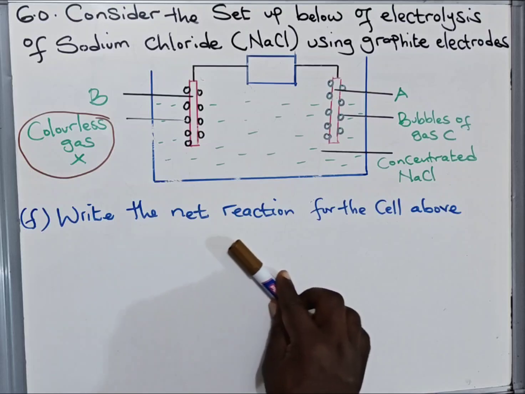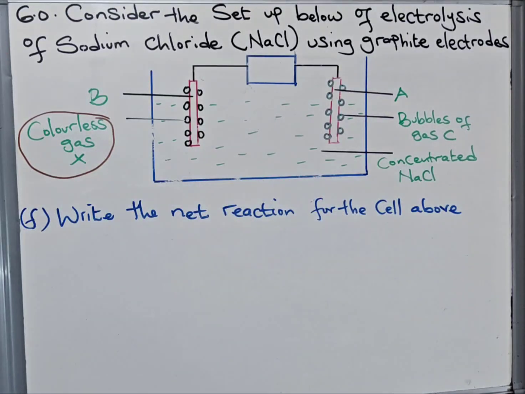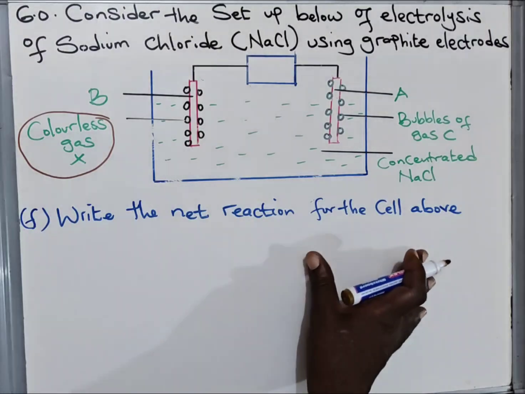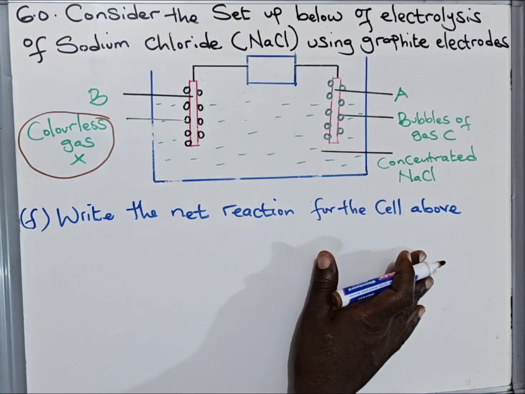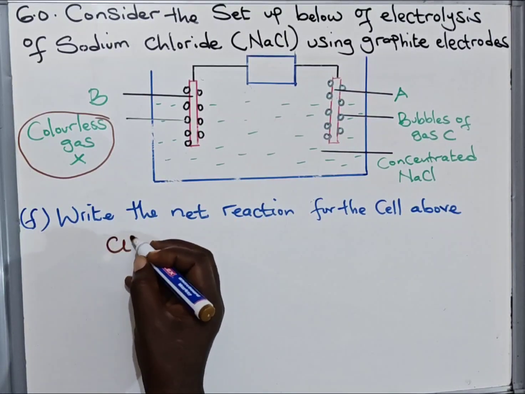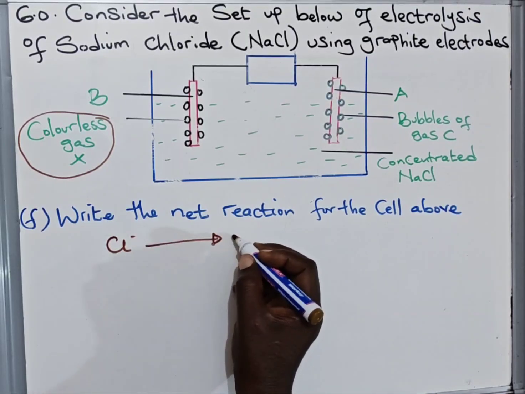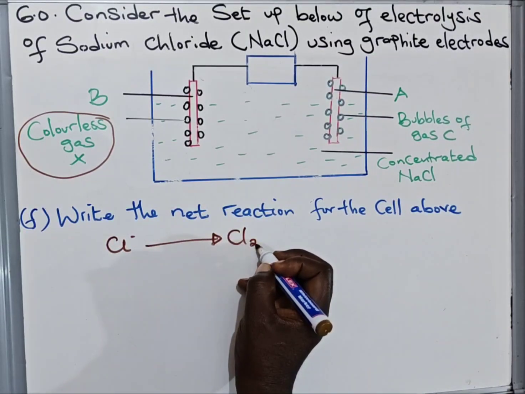Then we come to this question. It says, write the net reaction for the cell above. What is the net reaction here? To write the net reaction, you need to know the half reactions. First of all, we said it is chloride ions which become oxidized to give you chlorine gas.